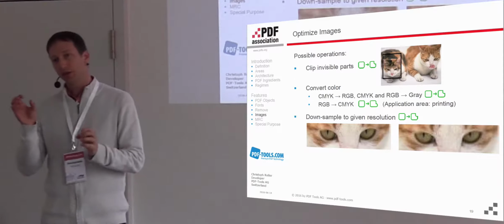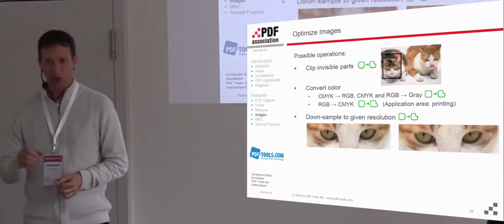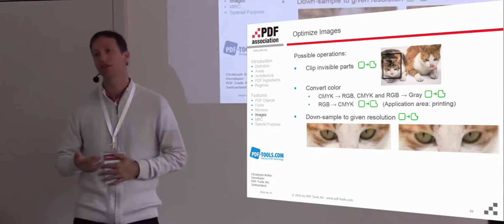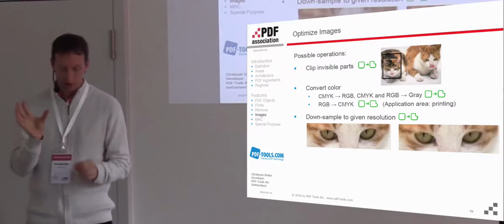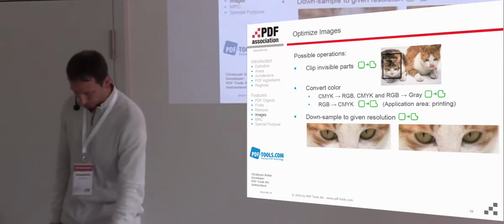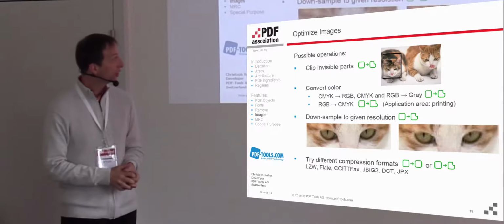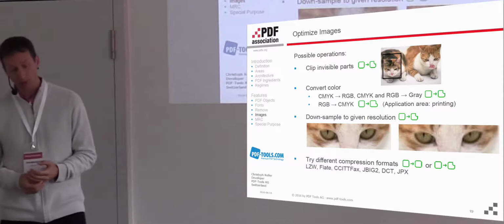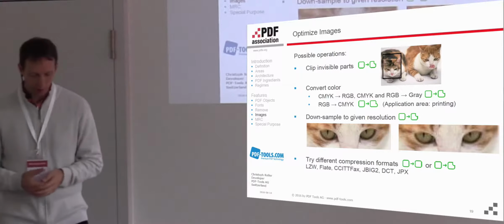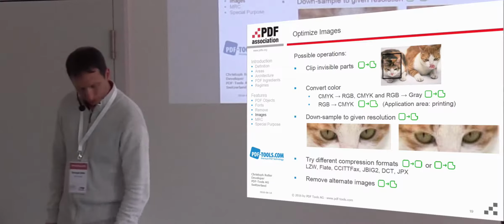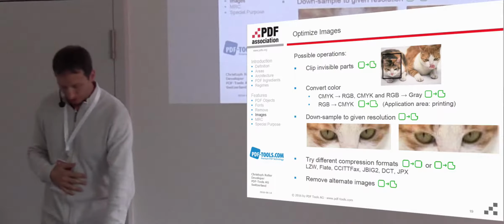There exist PDFs with images on the same page with very different resolution. So it makes sense in certain applications to reduce those images to a common resolution. Finally, we have 6 compression formats in PDF of which we can take advantage. Some images compress better in one than in another. And also we may want to remove what are called alternate images, but not for printing applications usually.